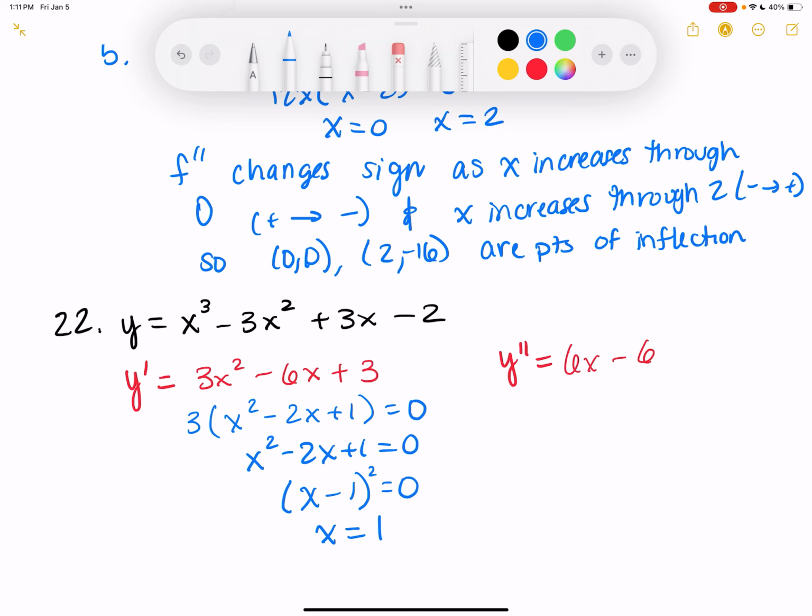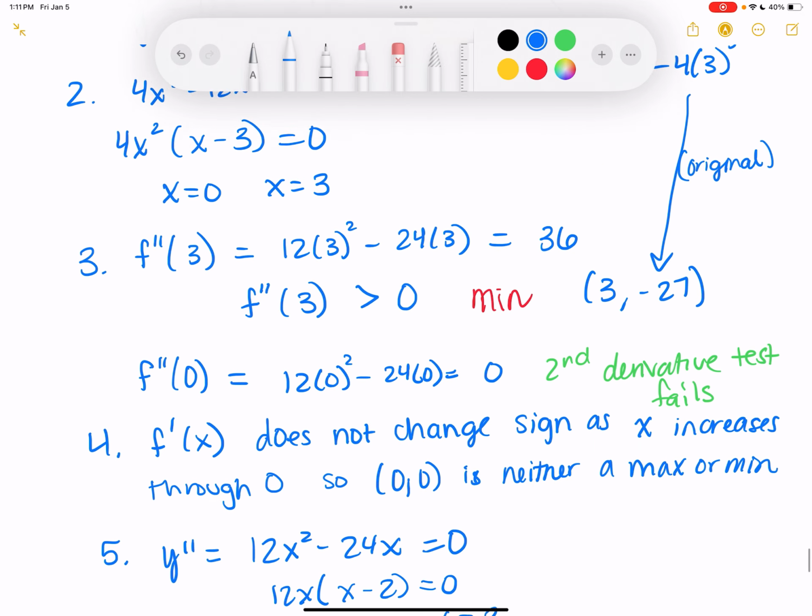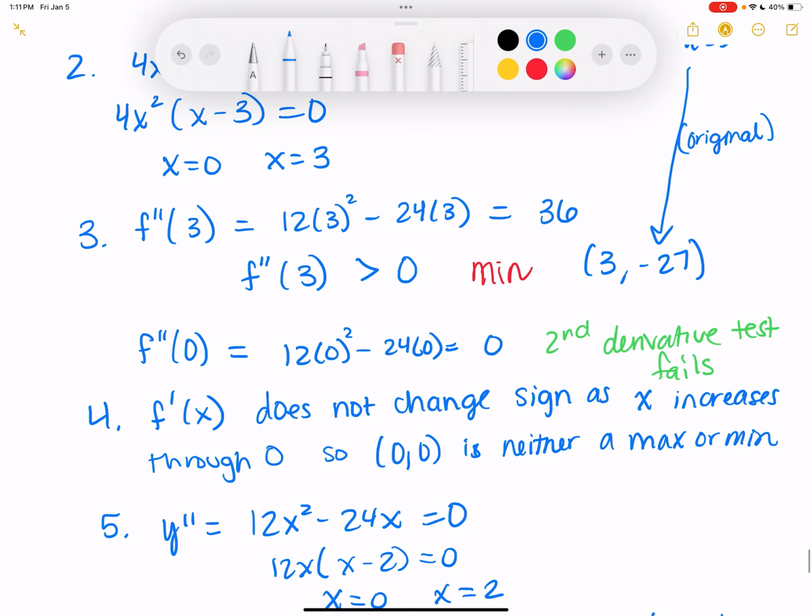So now what? We have to see if it's a min or max. I'm going to evaluate the second derivative at that point and see what happens.